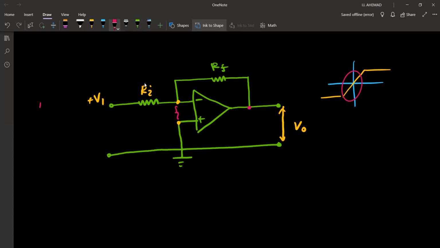Now we provide a signal, something like this, a sinusoidal signal. Now, when this signal passes, so this is the voltage over here, the current is going to flow in this direction. When it comes over here, the potential would have dropped slightly, right?